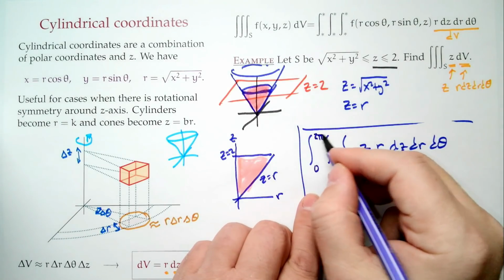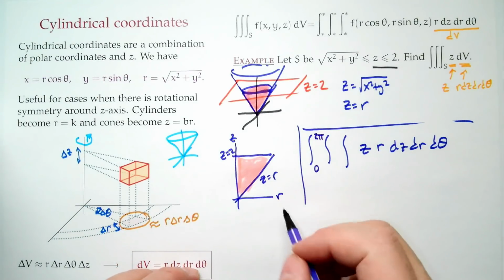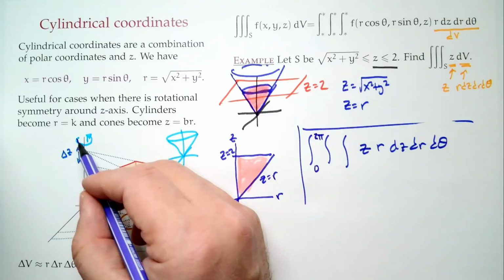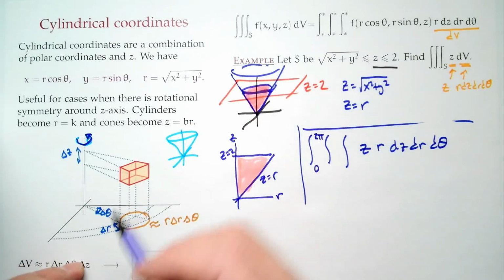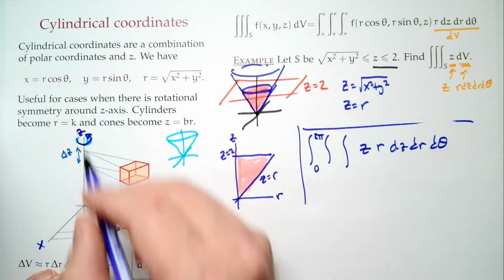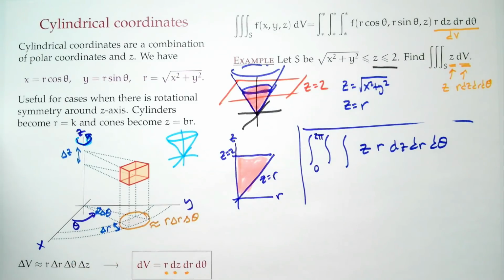We have to remember what theta represents. Theta is not in this ZR picture. Theta talks about how much you're spinning. In particular, if we come over here, this is x, y, and z. Theta is how far you come off of the positive x-axis. So when we're talking about theta, it's how much you are spinning around.